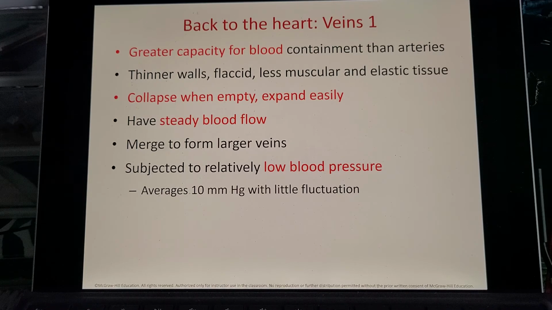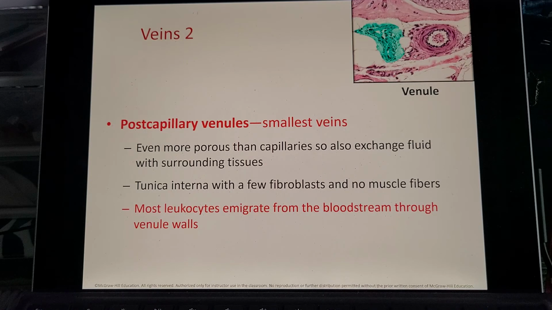Steady blood flow, again, you're just eventually going back towards your heart. Fairly low blood pressure, because after you've gone through the capillaries with your exchange in those small blood vessels, your blood pressure has pretty much dropped. That's why you have specialized structures to help get it to your heart, as well as different mechanisms that also help.